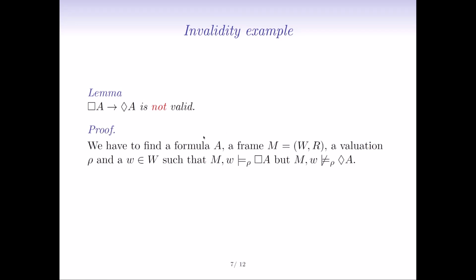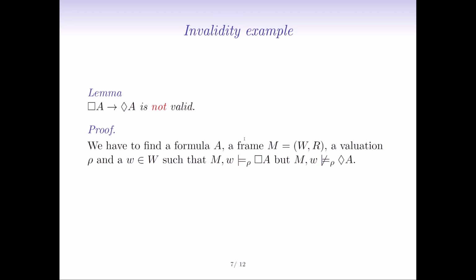and let's see why. So to say that it's not valid, I can take any formula A, because if I can find at least one formula A where it doesn't work, then obviously it doesn't work for all A. I need to find a frame where it doesn't hold. So I'm allowed to choose a frame such that this formula is not valid in that frame.